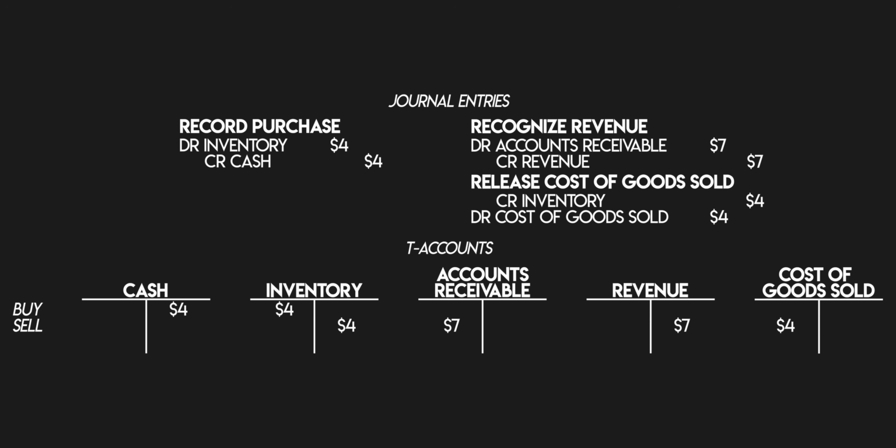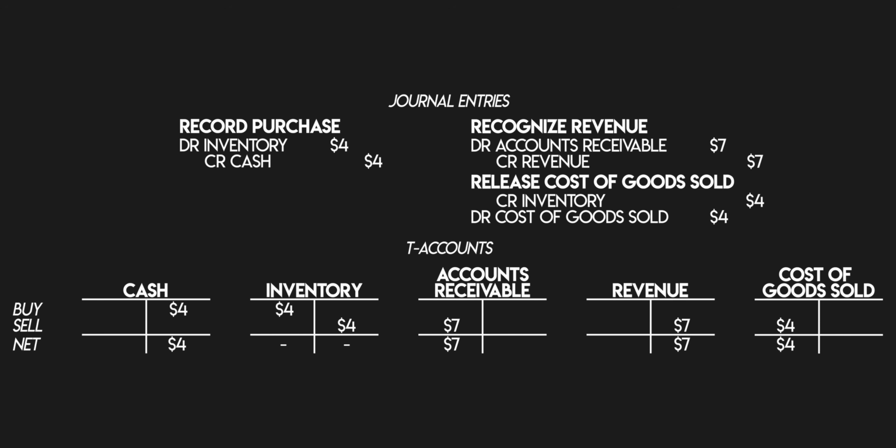What's nice about T accounts is that we can easily see the impact of these transactions on your books. You're left with negative cash of $4, an increase of $7 in accounts receivable, and a net movement of nil in your inventory account. You've also earned $7 of revenue and incurred $4 of cost of goods sold.